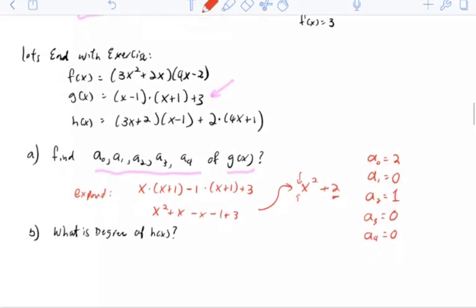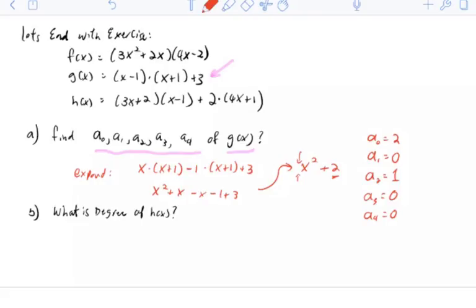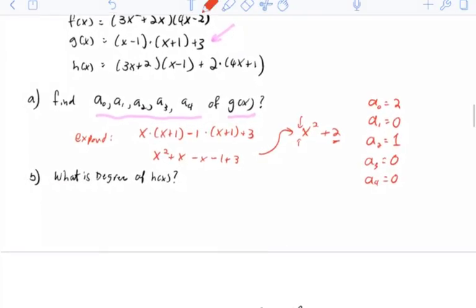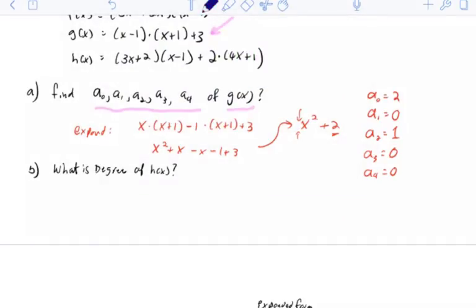What degree does polynomial h of x have? Well, degree is also something that we usually talk about in terms of a fully expanded polynomial. So I need to start by expanding that polynomial. So let me do it. 3x, x minus 1, plus 2 times x minus 1, plus 2 times 4x plus 1.